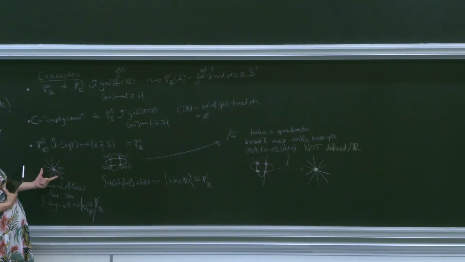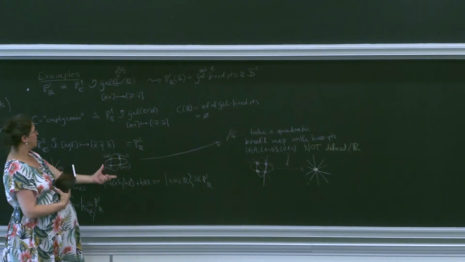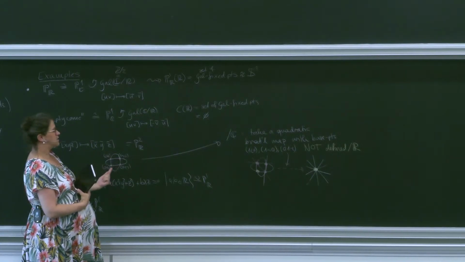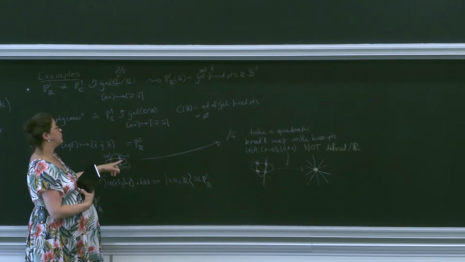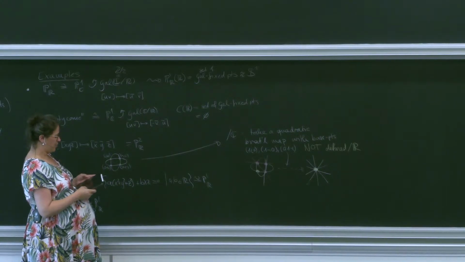One that preserves the pencil of lines through a point, and one that preserves a pencil of conics through four points, two pairs of conjugate points.